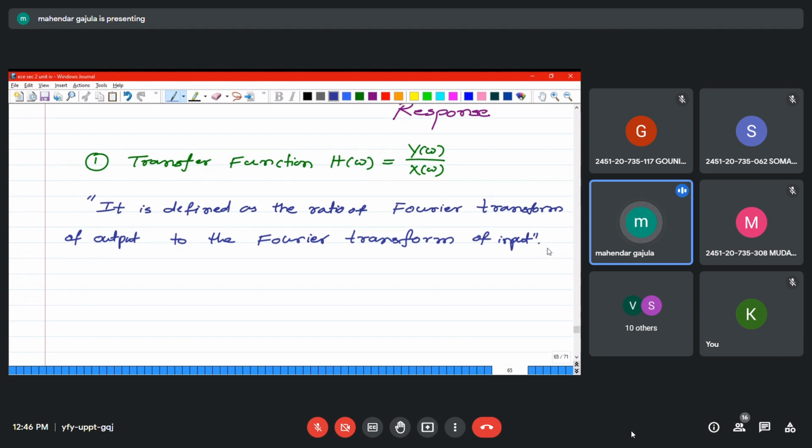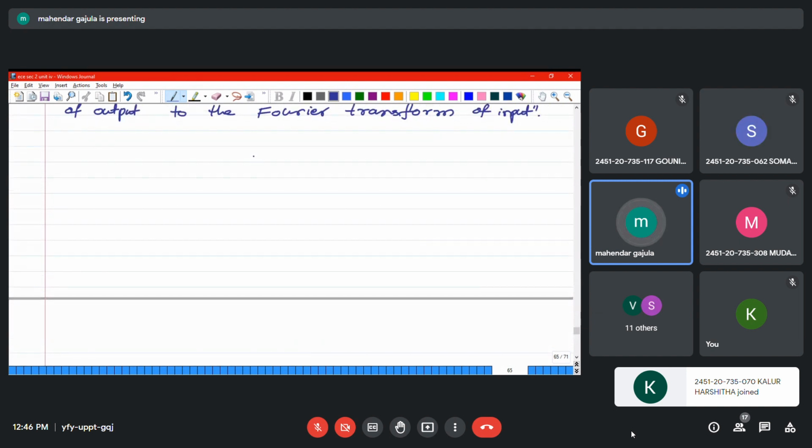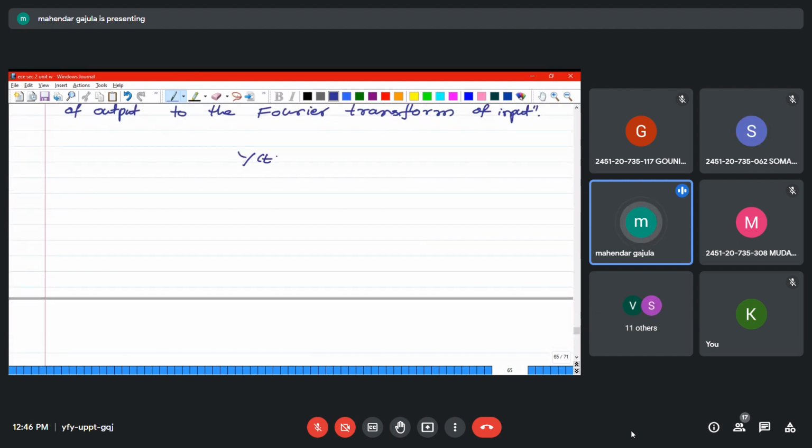So let us see this. First let us find out what is y(t). Y(t), already we have seen this. It's an integration from minus infinity to plus infinity x(u) h(t minus u) du. Now we have to find Y omega, so we apply the Fourier transform on y(t).